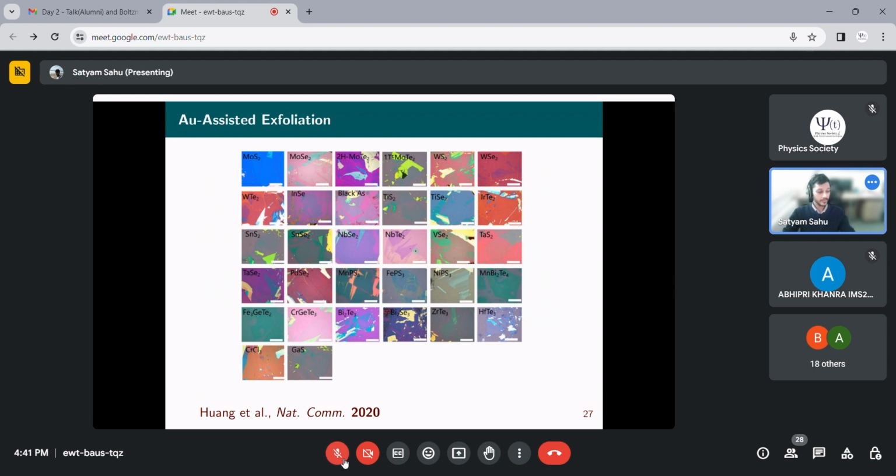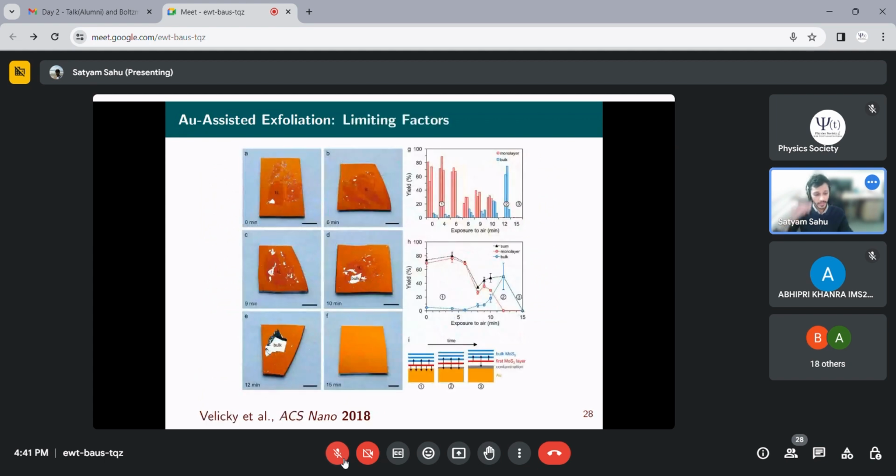So the important thing is, what are the important factors that you should keep in mind when you try to exfoliate these material systems, especially on metals. The first thing is the time for which the metal layer is under ambient conditions.